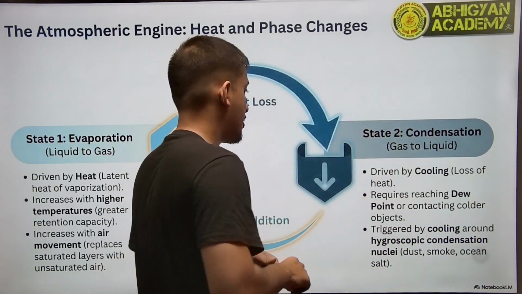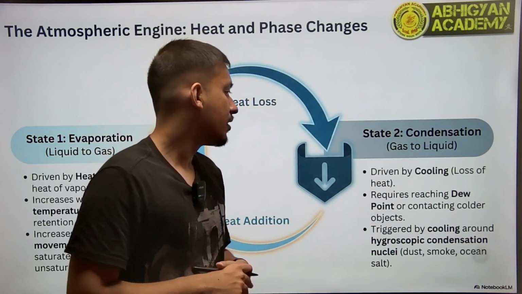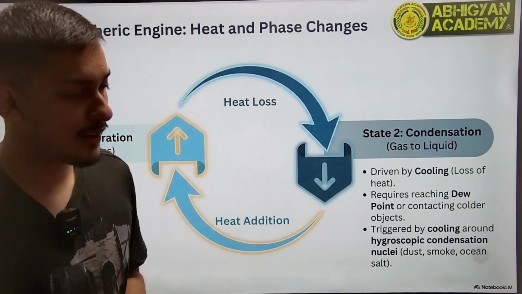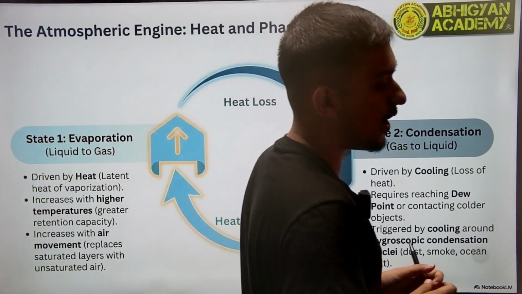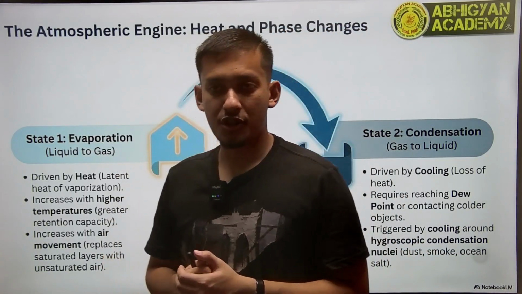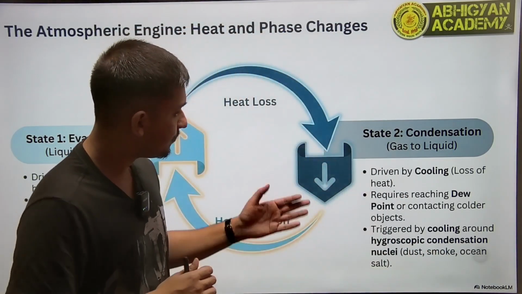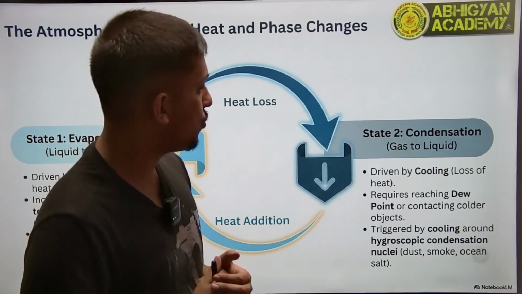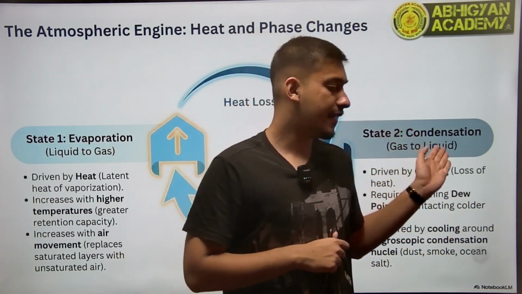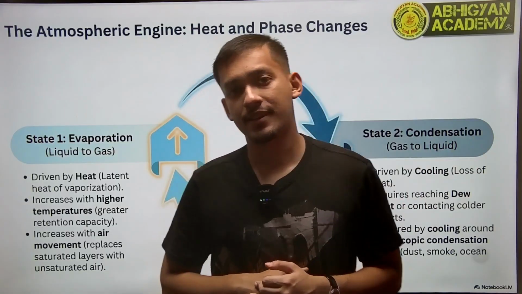Then we have condensation, that is gas to liquid. This happens during cooling. When there is a certain temperature change and cold winds or cold temperature come in contact, cooling takes place, due to which condensation takes place and gas is turned back to the liquid state.